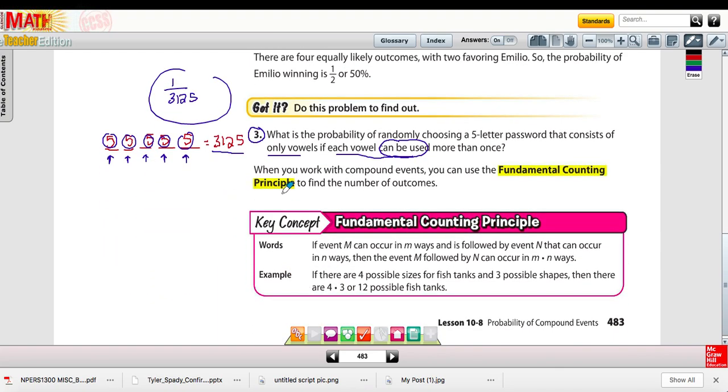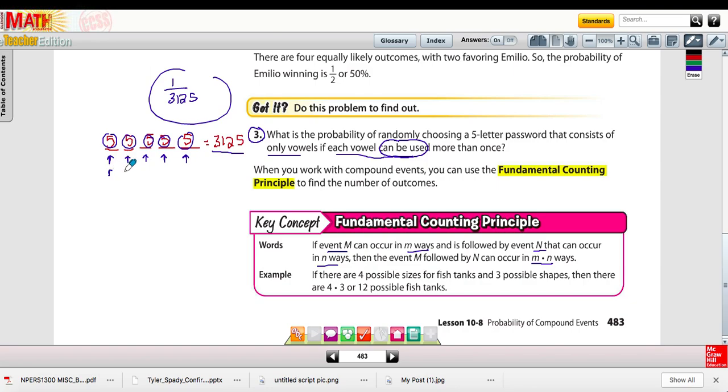The other vocabulary word you have for lesson 10.8 is fundamental counting principle. And if an event M can occur in M ways, and it's followed by another event N that can occur in N ways, you can have a total of m times n ways. Okay, so you can think of that up here.